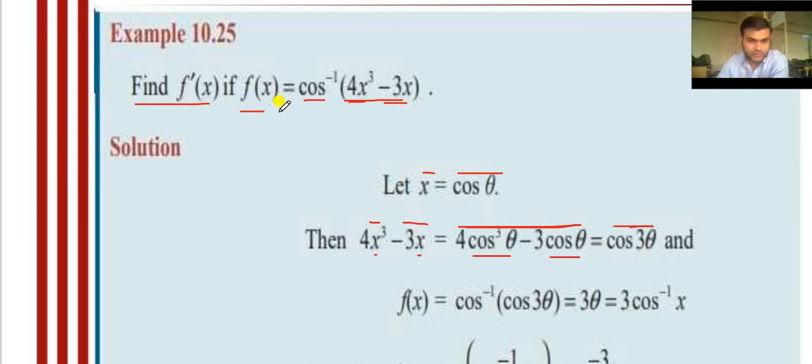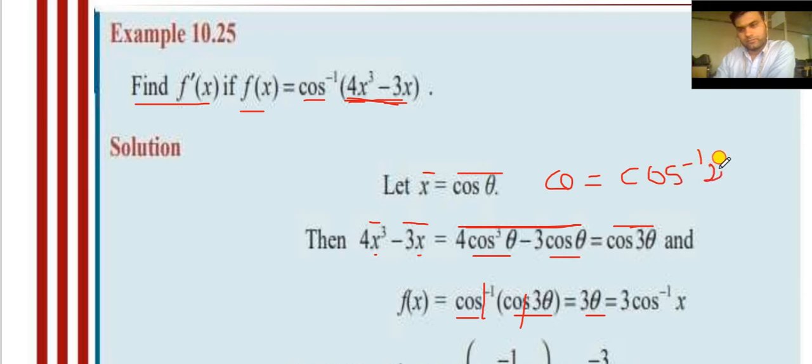Now we write the question, f(x) is equal to cos inverse. In place of this we write cos 3 theta. From cos inverse, the cos is cancelled, only 3 theta will remain. When x is equal to cos theta, then theta is equal to cos inverse x. So in place of theta, we write cos inverse x.